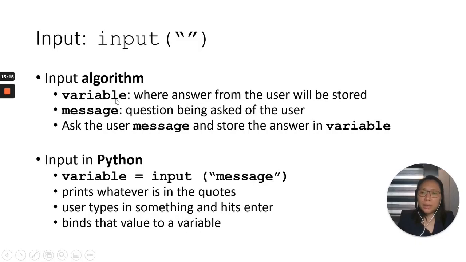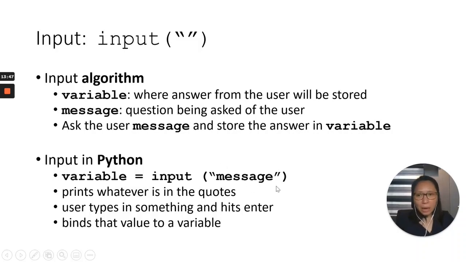So let's have a variable. This is where the answer from the user will be stored, and the message is a question that's being asked of the user. The algorithm is: ask the user this message, and store the answer in the variable. In Python, this is the syntax: variable equals input, and inside parentheses there's the message.